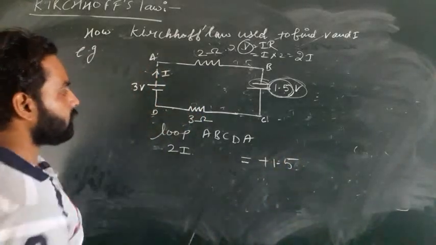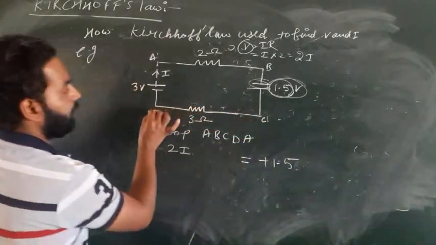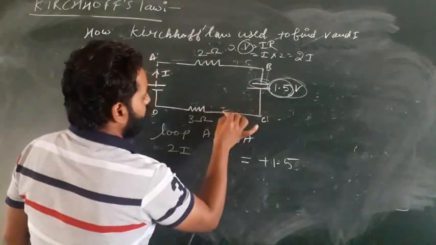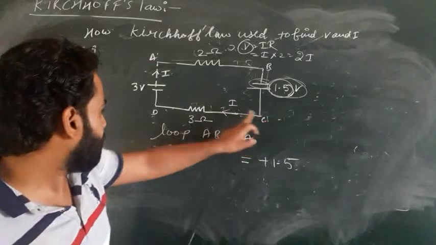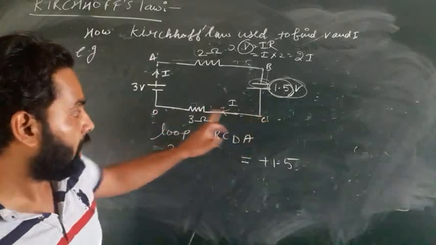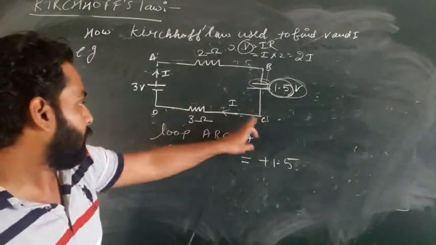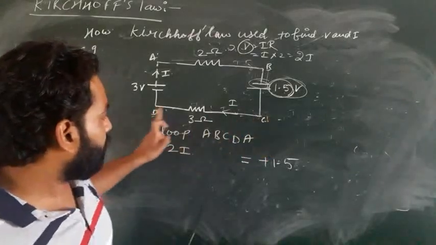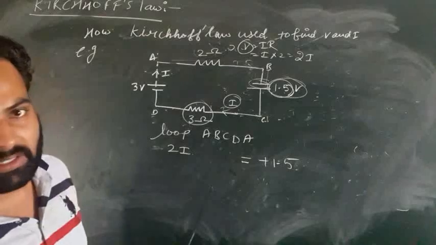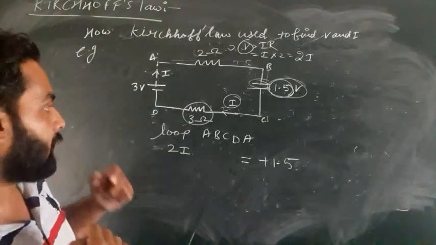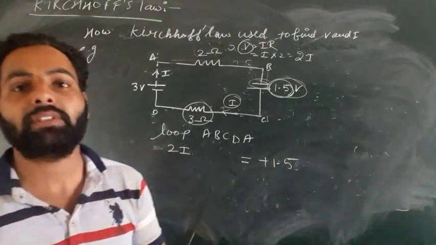Now we move from C to D. The current I is there, and we move from C to D, and your loop is also C to D. So the product of I and the 3 ohm resistance is again taken as positive, because the direction of current and the direction of loop are the same.